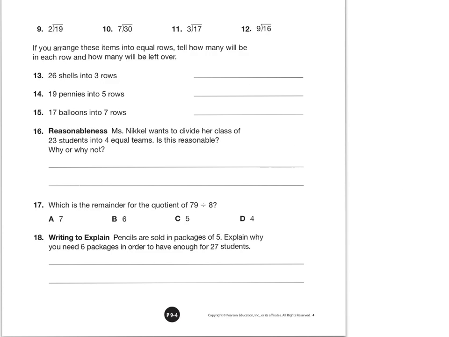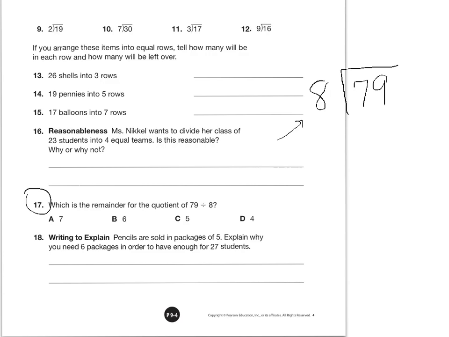Now we're going to take a look at one more problem, and it is down here, number 17. It's asking what is the remainder for the quotient 79 divided by 8. Now this is another one where I'm looking at my multiples of 8. I'm just thinking aloud now.